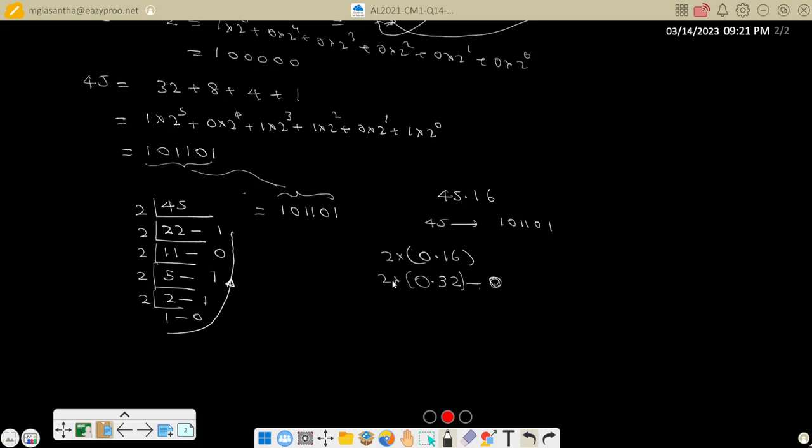Then 0.64. If you multiply by 2 again, this equals 1.28. So you take the 1 here, and carry only 0.28 forward.